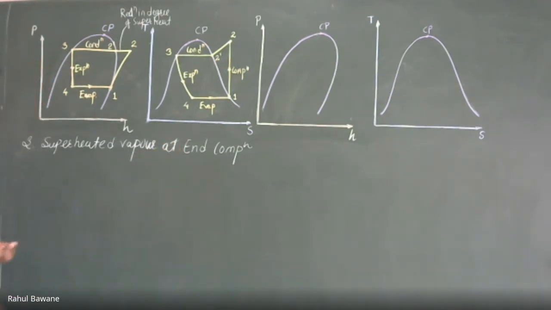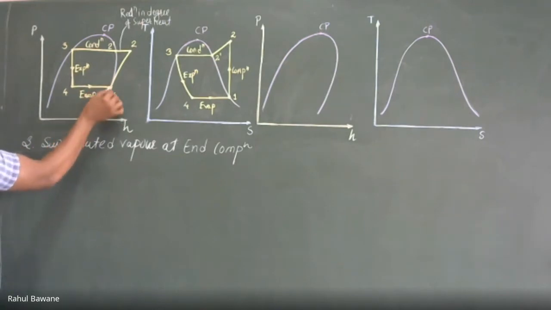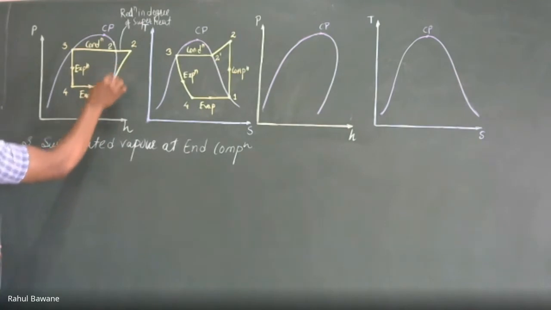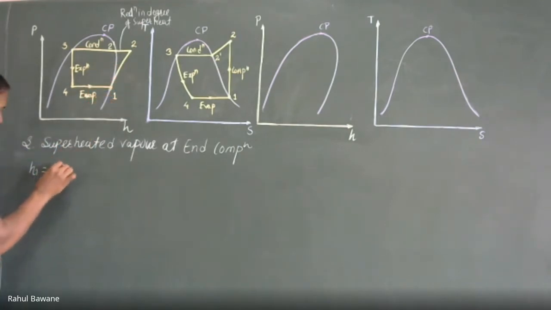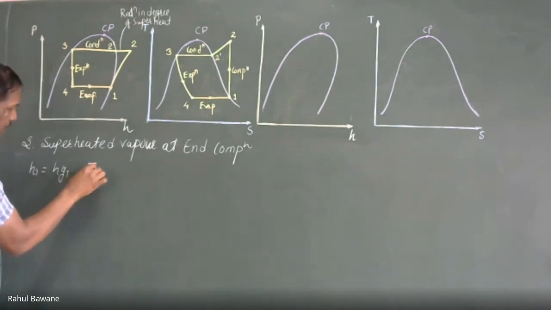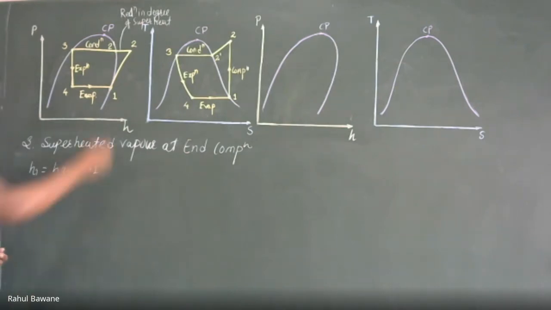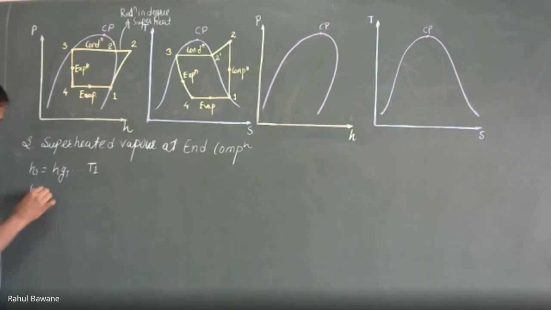Now if I am finding enthalpies, enthalpy H1 at this point will be the enthalpy of the vapor at dry saturated condition. So it will be Hg1, measured at temperature T1. H2 is the enthalpy of superheated steam. How to calculate this?